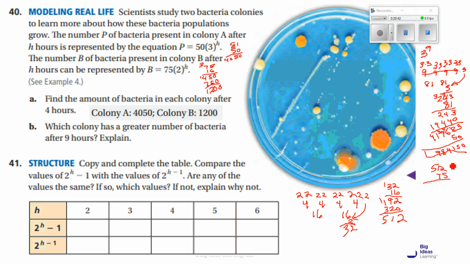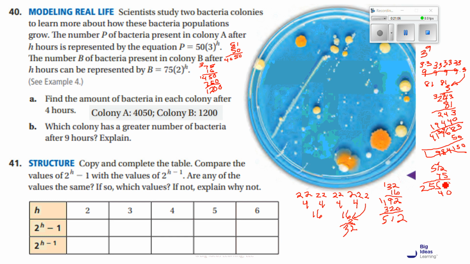Okay. Now we got 2 times 5, which is 10. 1 times 5, which is 5. And 5 times 5, which is 25. Next, we bring down the 0. 7 times 2 is 14.